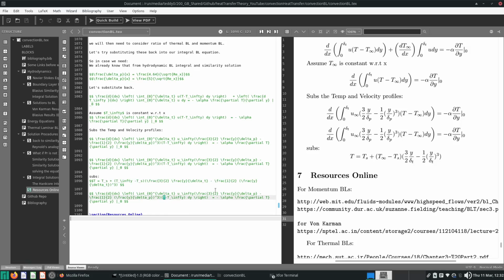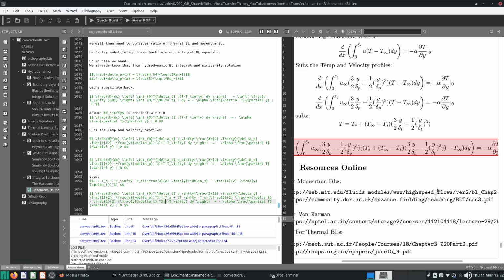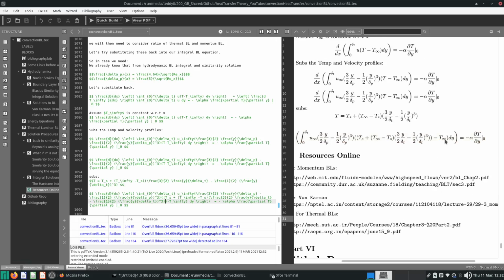I'll just do the left hand side first, because it's going to get very messy very quickly. Okay, so you see how messy it gets.